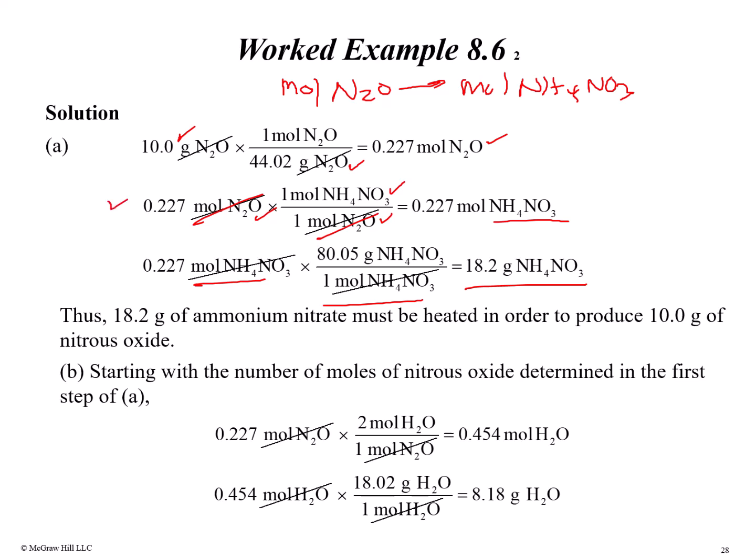But because in this one, you had grams of nitrous oxide, and you have to convert that to moles to relate it to the balanced chemical equation. And then at the end, they don't want the moles of ammonium nitrate. They want the actual grams of ammonium nitrate that you're actually going to burn. So you have to read the question carefully and determine how much or how far you're going to go. And that's why the plan of action is really important.